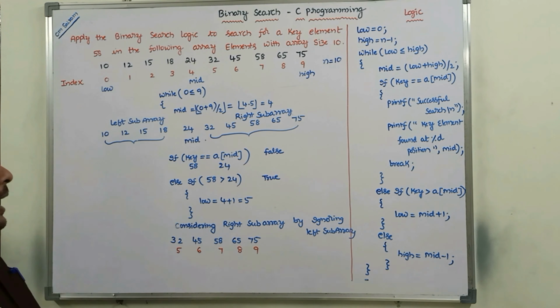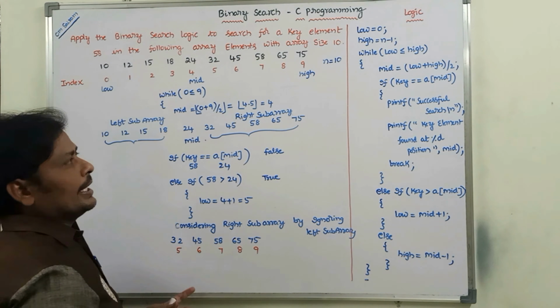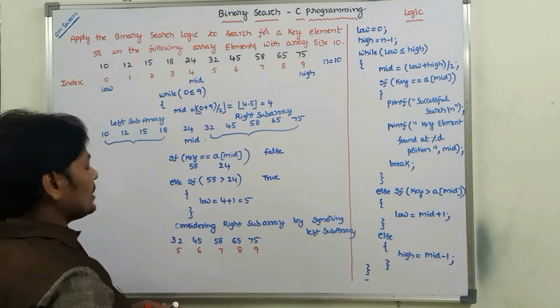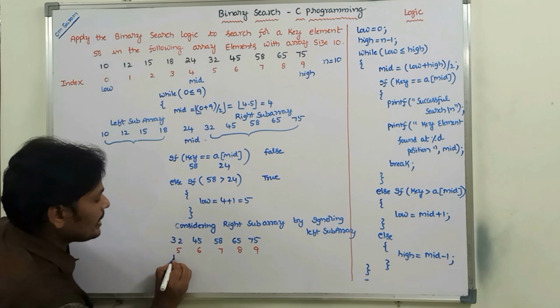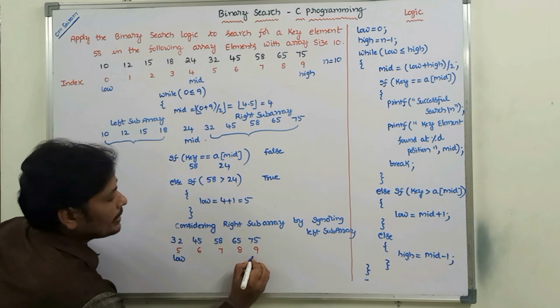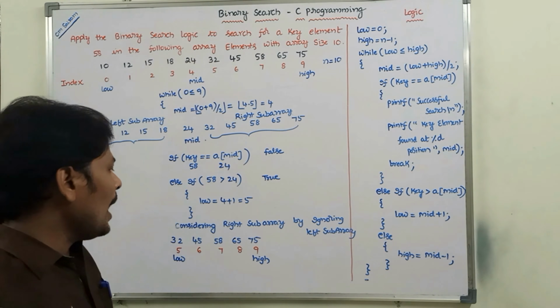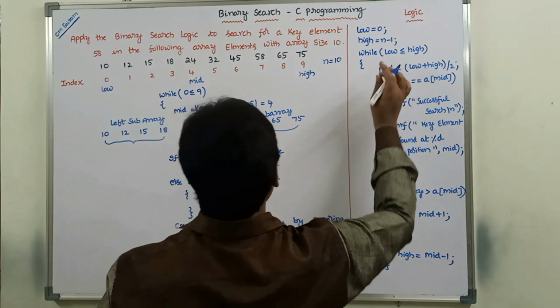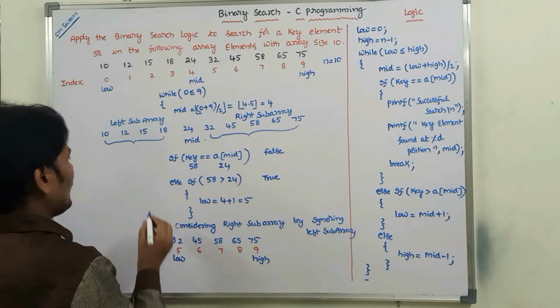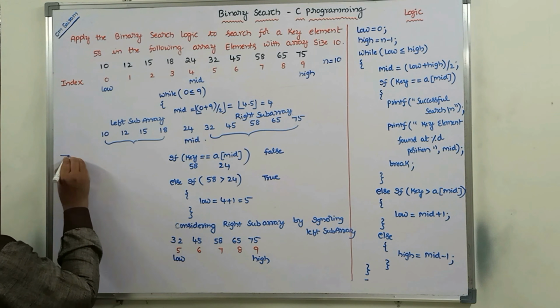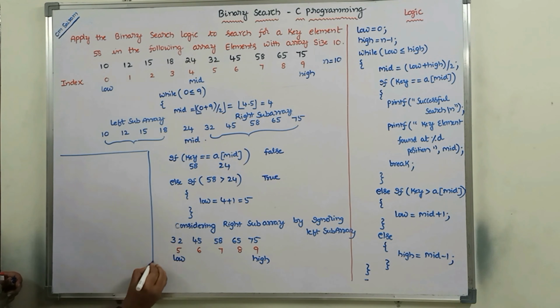Okay. Again we are checking the condition. Here, what is the low value? Now this is the low value and this is the high value. Now low value is here, I am writing here. Okay.